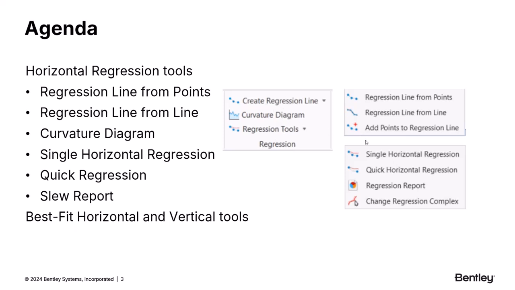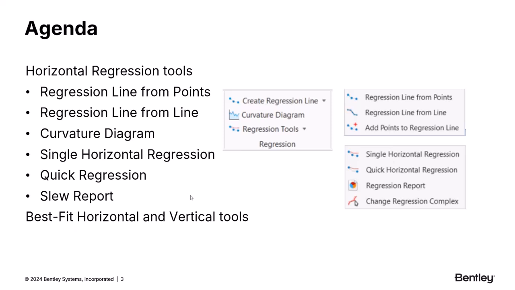We're going to dig real deep into these so you can get a better understanding of how they work. We're going to spend a lot of time going over these horizontal regression tools: regression line from points, regression line from line, curvature diagram, single horizontal regression, quick regression, slew reports, all those tools. I'm going to touch on almost every single one of these.